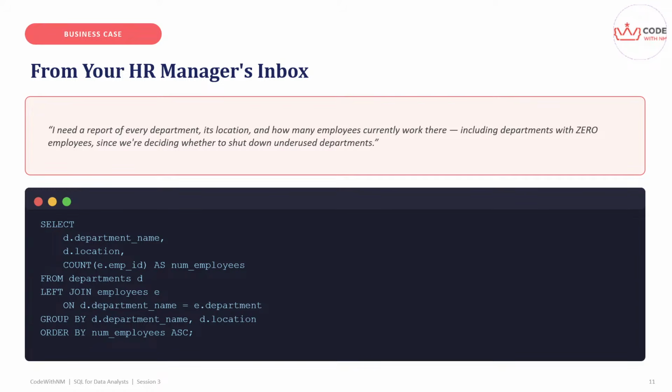Okay, so let's put this to work like a real analyst would. The HR manager messages you: I need a report of every department, its location, and how many employees are currently working there, including departments with 0 employees, since we are deciding whether to shut down underused departments.